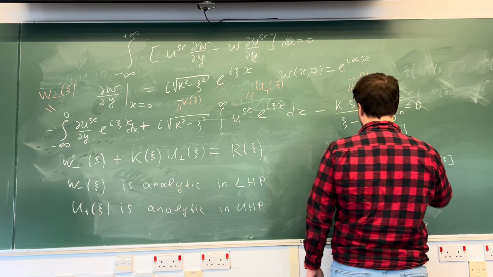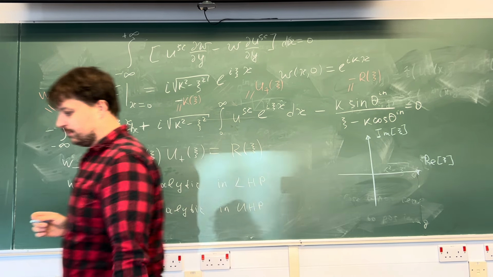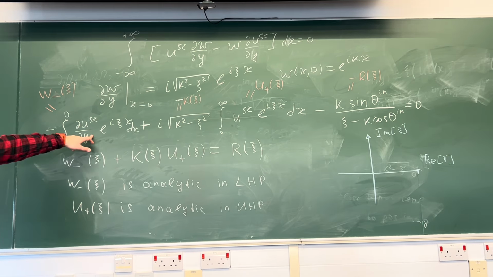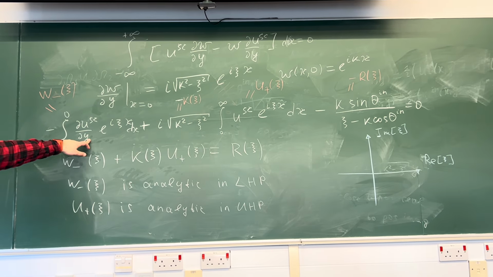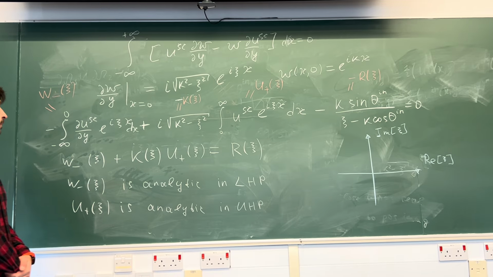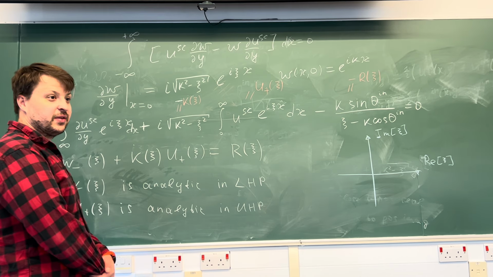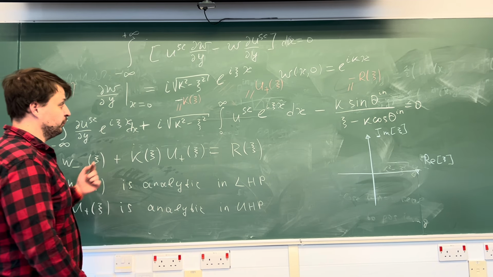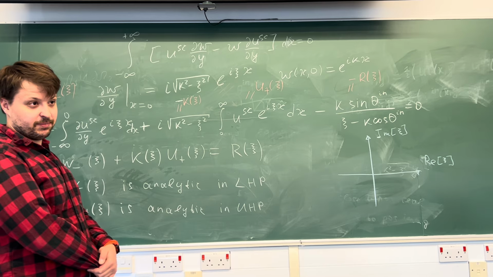Just by studying the asymptotic behavior of the scattered field, we know it should decay exponentially, and the exponent will be linked to the imaginary part of the wave number.